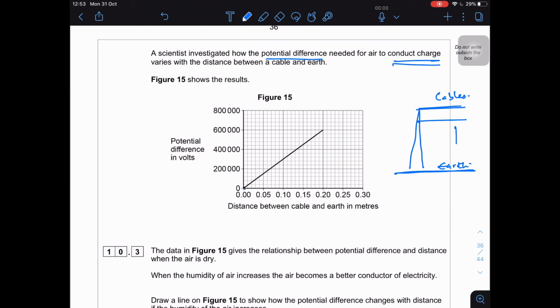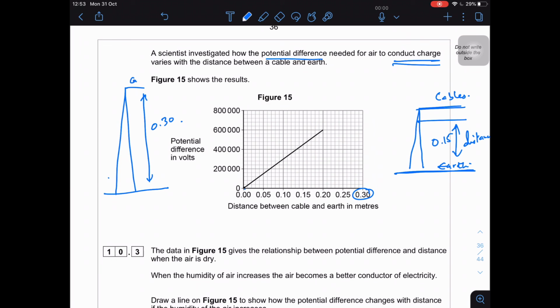So this is the distance between earth and the cable. Let's say this one is 0.15 and this one is 0.30.